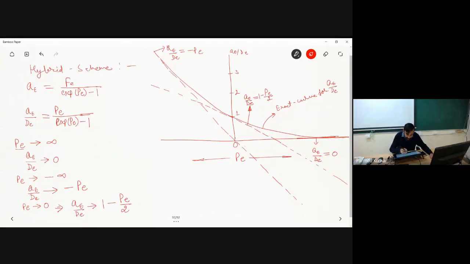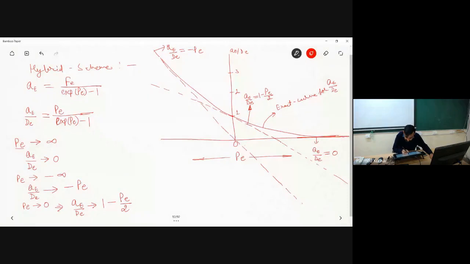So what I told is that this is my exact curve, which I have drawn by free hand, and one approximate line I have drawn over here by considering the situation that AE by DE is equal to minus Peclet number. And similarly, one more line I have drawn over here, and that second line is for AE by DE equal to 0.